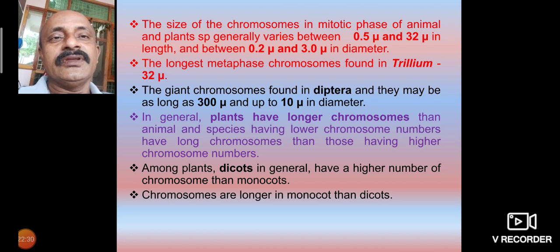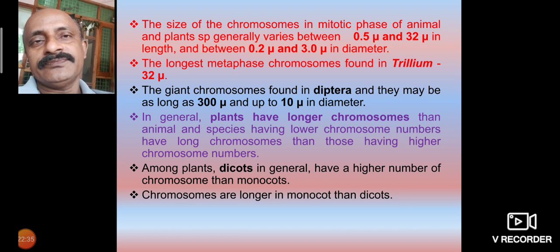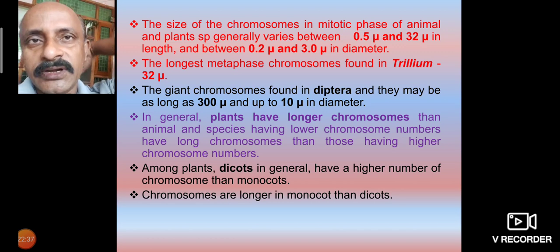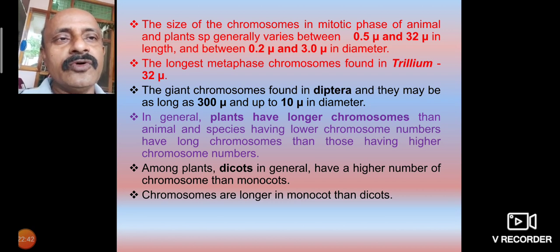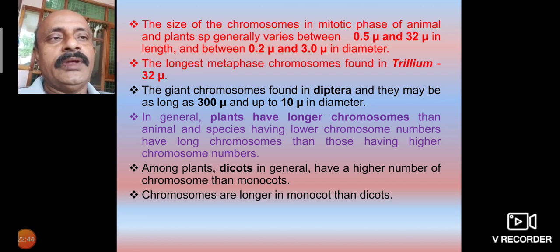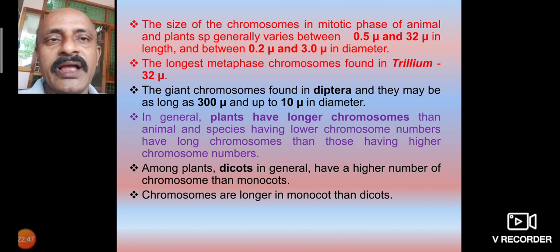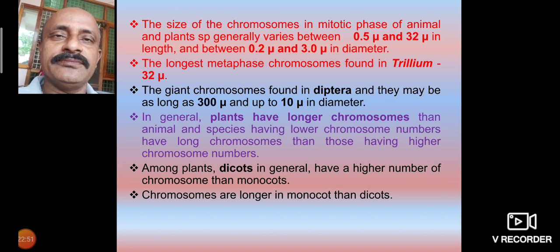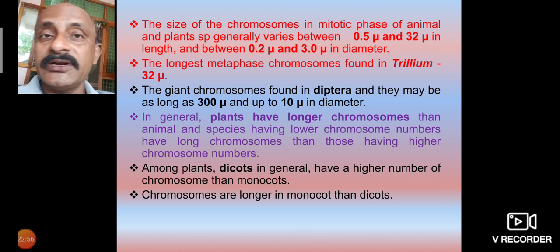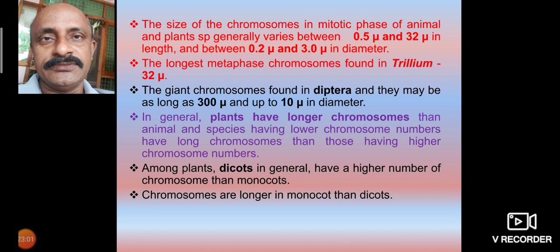In plants, the longest metaphase chromosome is found in Trillium, 32 microns. The giant chromosomes are found in Drosophila larva, and they may be as long as 300 microns and up to 10 microns in diameter.